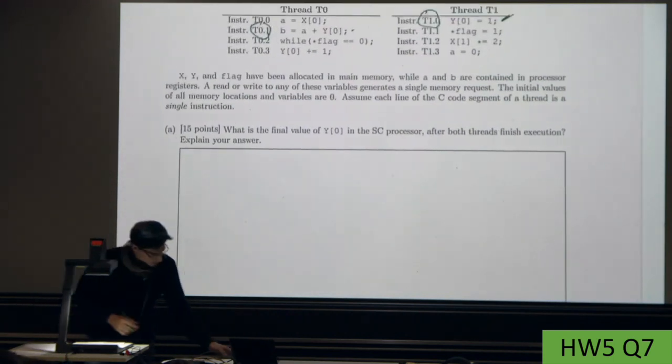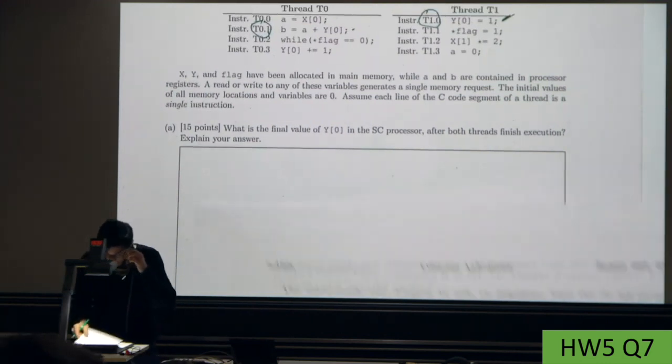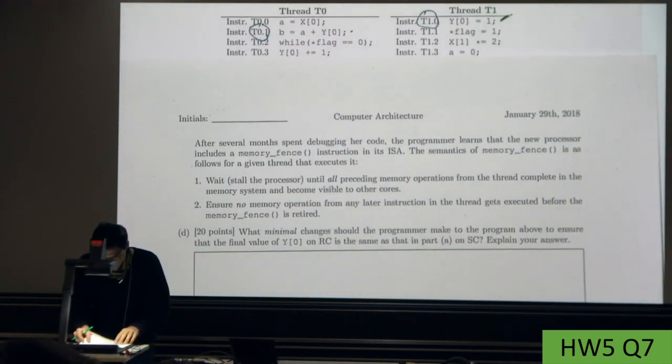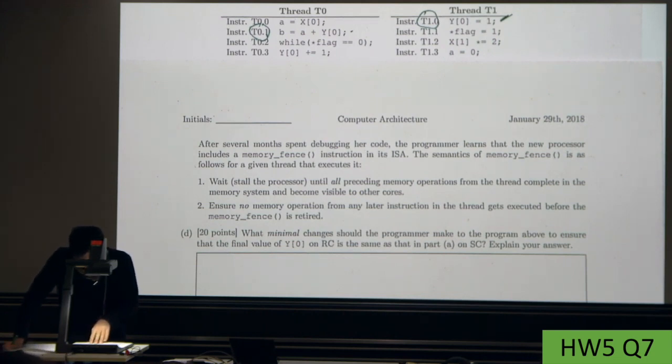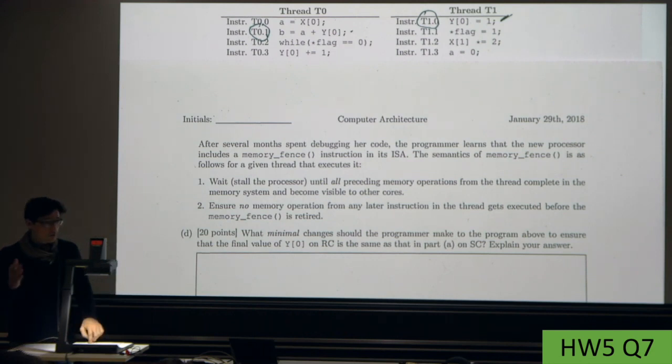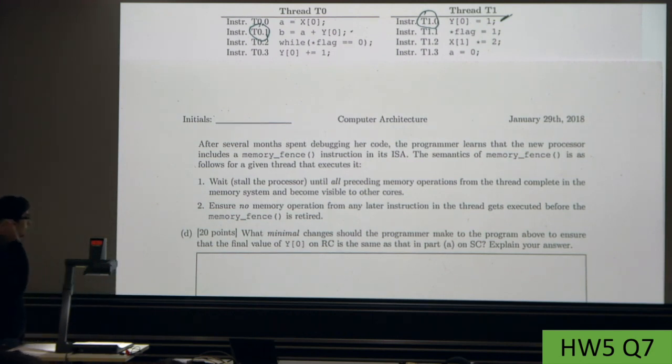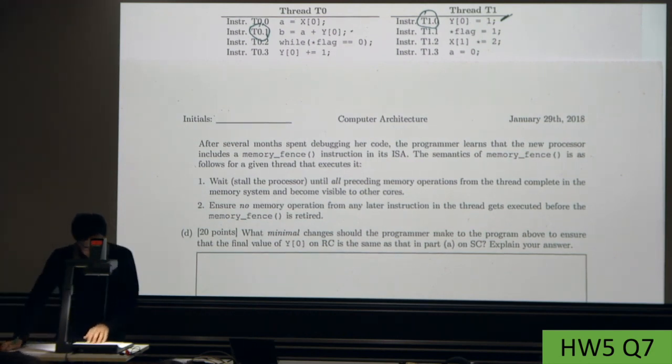And finally, part D. After several months spent debugging her code, the programmer learns that the new processor includes a memory fence instruction in its ISA. So it's important that you take a look at the ISA before programming a computer. The semantics of the memory fence is as follows for a given thread that executes it.